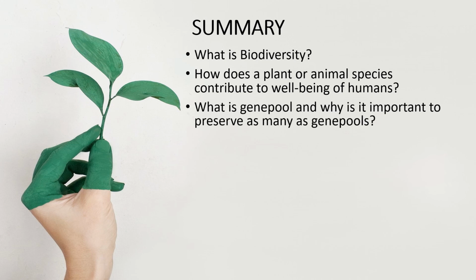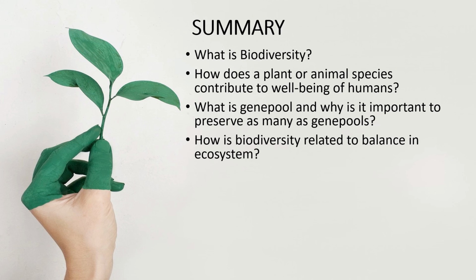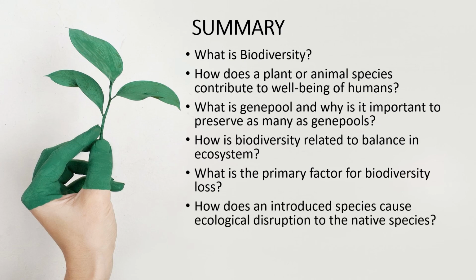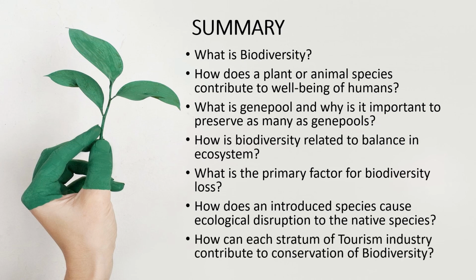Why is it important to preserve as many gene pools as possible? How is biodiversity related to a balance in the ecosystem? What is a primary factor for biodiversity loss? How does an introduced species cause ecological disruption to the native species? And how can each stratum of the tourism industry contribute to the conservation of biodiversity?